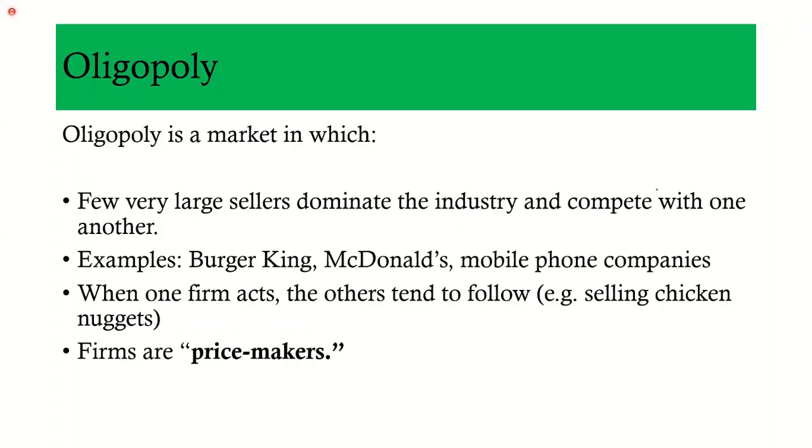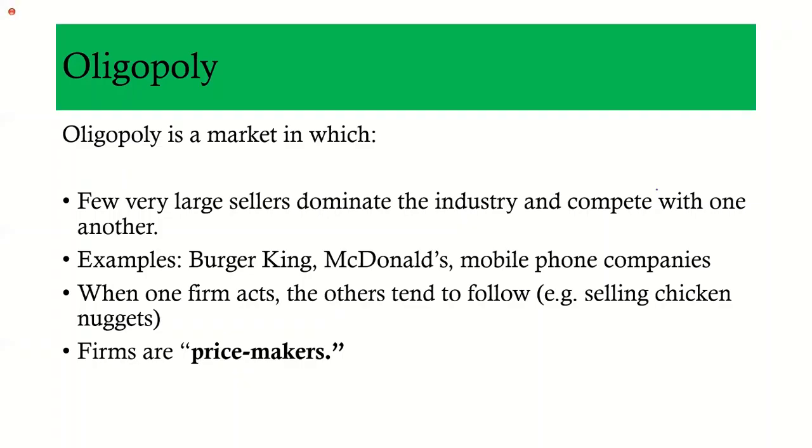In an oligopoly, these firms don't work independently. They're actually dependent. They look at what the others do and decide their strategies, promotions, and pricing by looking at what the other firms do. For example, one firm gives free-minute packages or off-peak packages, then the other firms would also follow suit and do something similar.